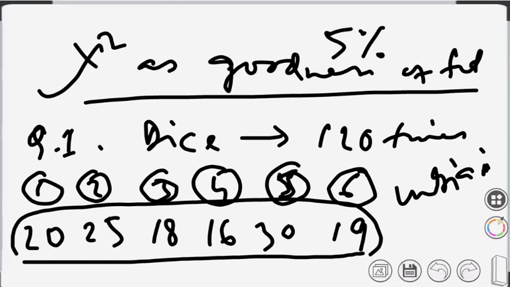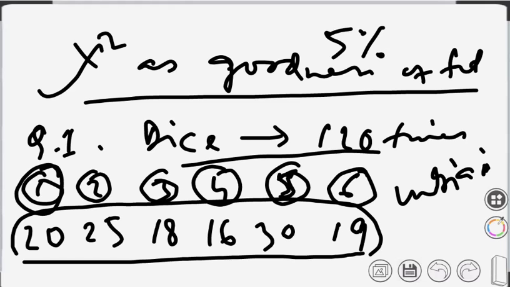Here we are trying to test whether the distribution holds. If you are tossing a die 120 times, and you know the probability of each face coming up is 1 by 6, isn't it? Each face has probability 1 by 6.